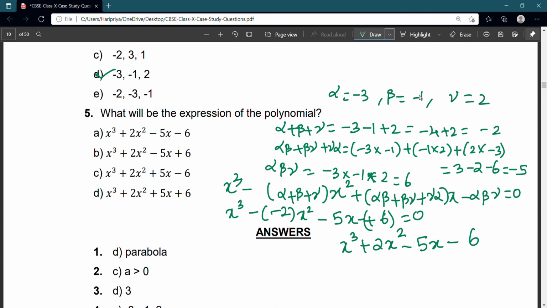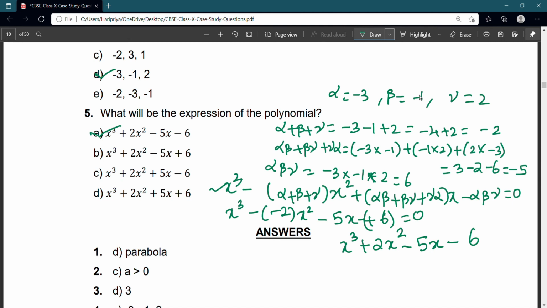So in all the 4 options, check where you got x cube plus 2x square minus 5x minus 6. So your answer is x cube plus 2x square minus 5x minus 6. So this is the answer. If you learn this format, you can very easily frame the equation.